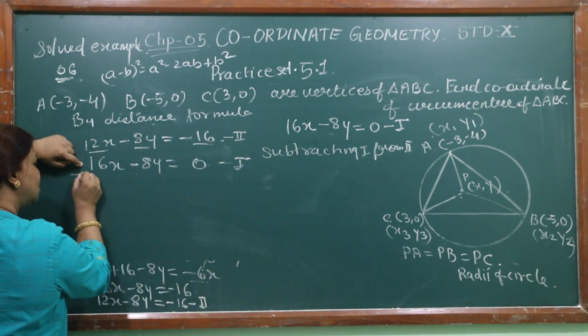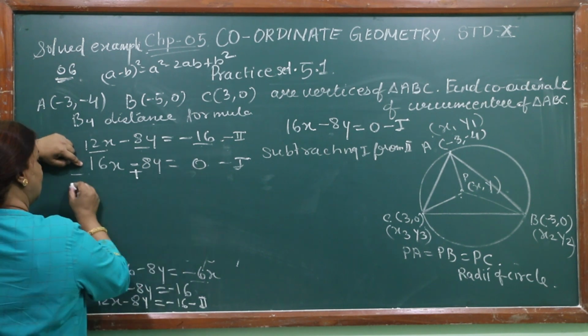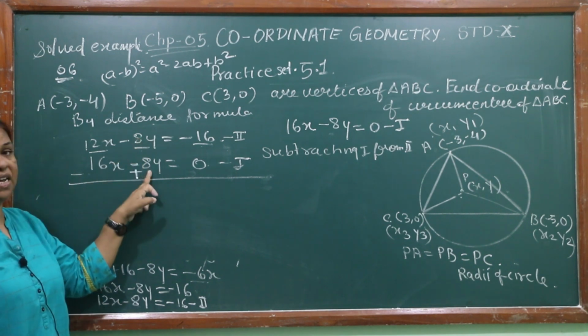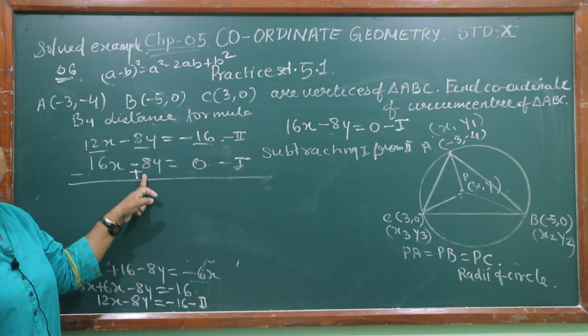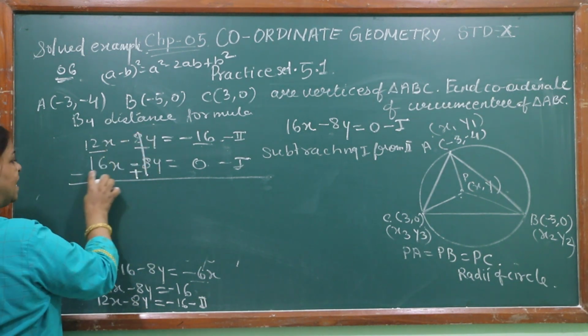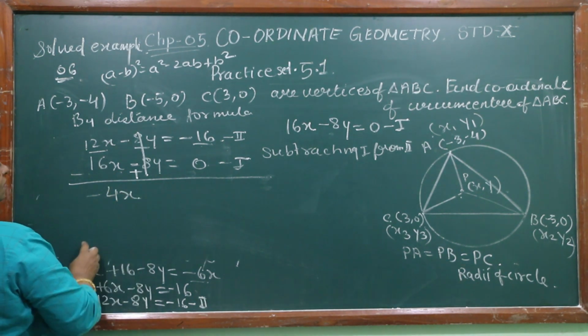So this sign will change to minus, this sign will be plus. Now look here. Why did I do that? Because 8y I can cancel. One is minus 8 and one will become plus 8 if only I subtract them. So this gets cancelled. 12x minus 16x will be minus 4x.